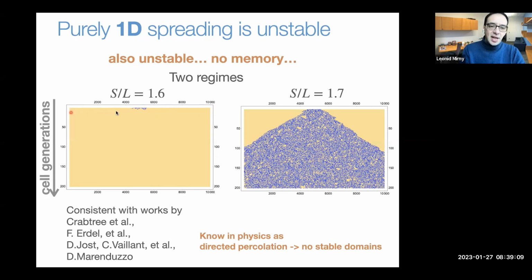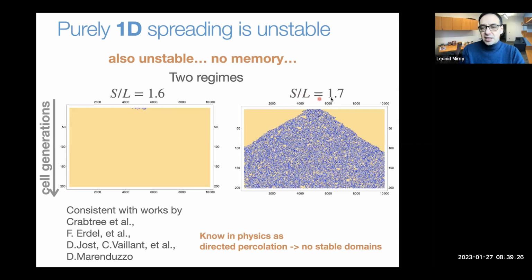As time progresses, I'll be showing the pattern of marks. Here, what you see on the left is that an originally established pattern vanishes at a particular value of S over L after basically one or two cell divisions.